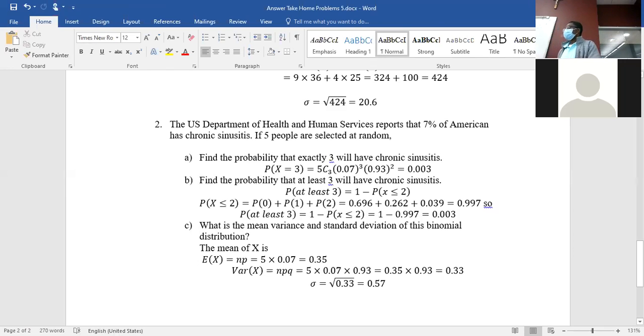So this is take-home problem 5. We are going to go over take-home problem 6 on Tuesday. As I said, submit it by midnight on Monday. There's a lot of time. If you have a question, you can always send me an email. I will help you. If it's during office hour, we can have a Zoom and discuss answers.